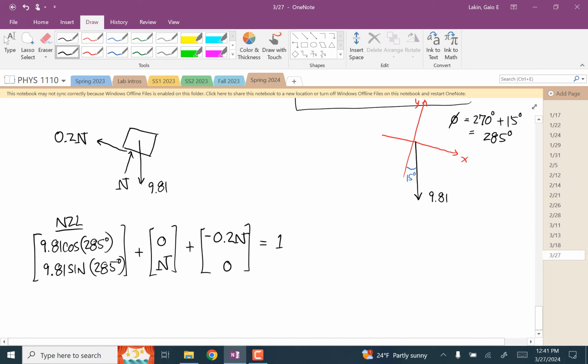And all that is equal to the mass times the acceleration.